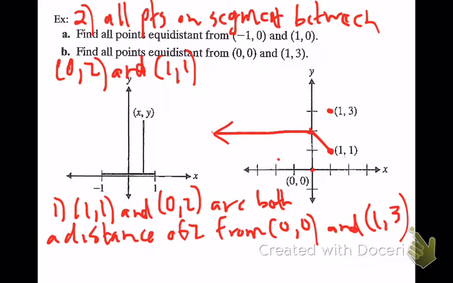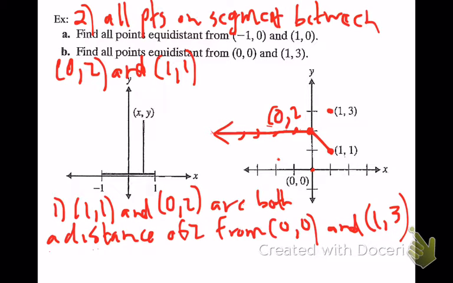Because to get to this point right here, 0, 2, we would go up 2, and then any point on this line. And then from 1, 3 to that point, we go down 1, over 1. That's 2. Then any point on that line in that direction is just going to add to either one of those distances.